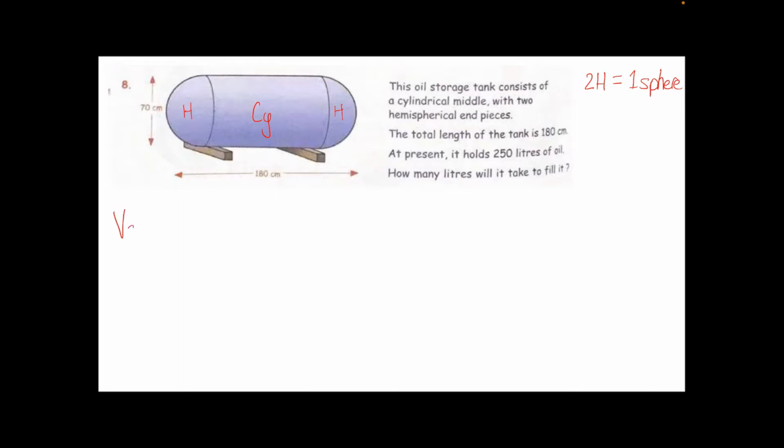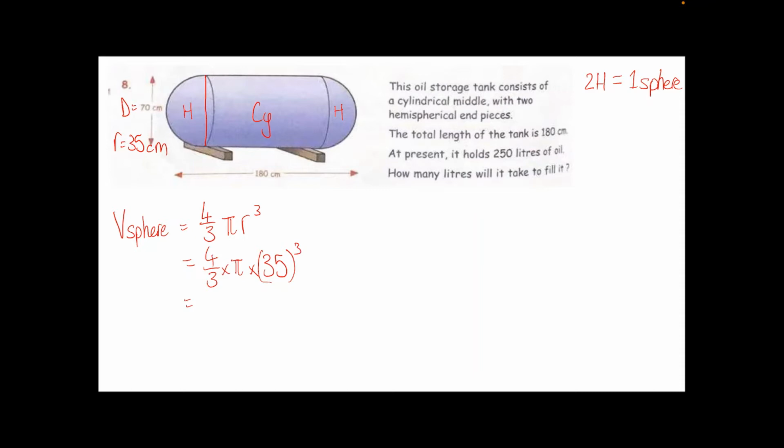I'm going to start with the volume of my sphere, which is 4/3 pi r cubed. That means we've got 4/3 times by pi, and then we've been told that our diameter is 70 because it is running that full way through. So our radius is going to be half of that, so it is 35 centimetres. And we need to cube that.